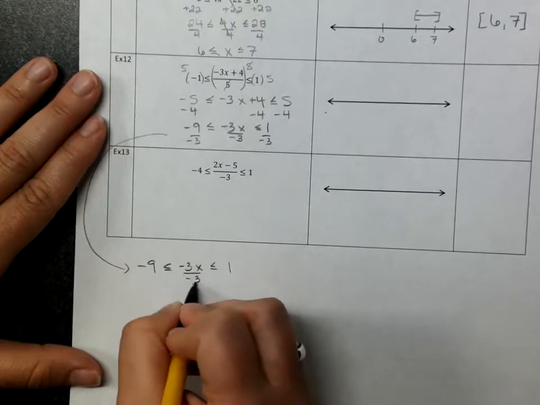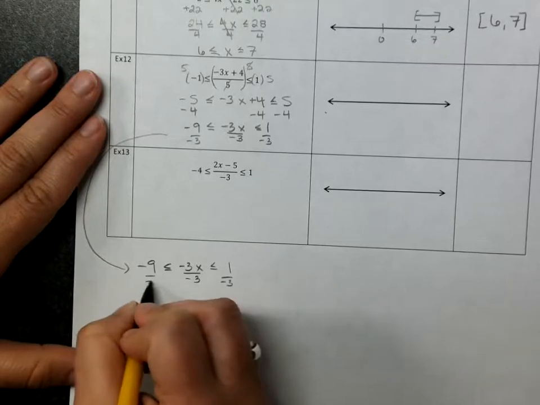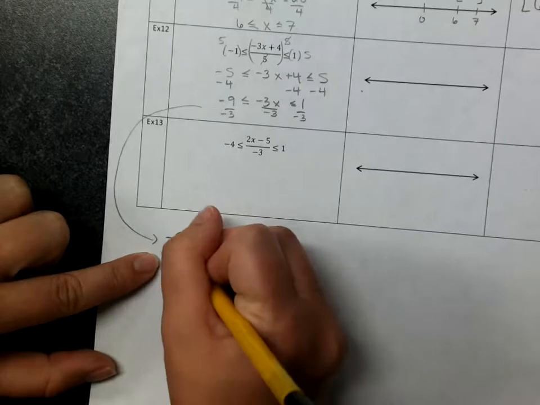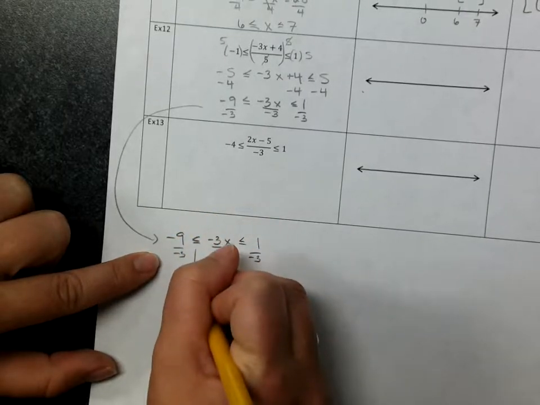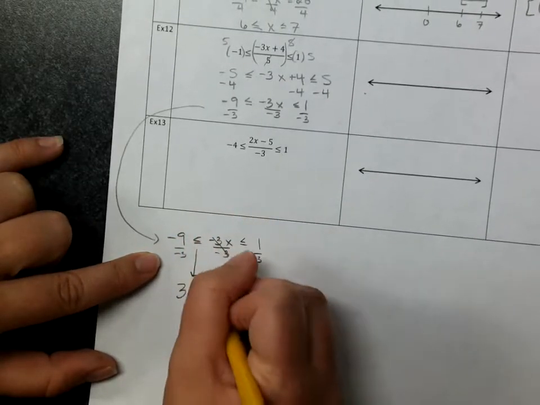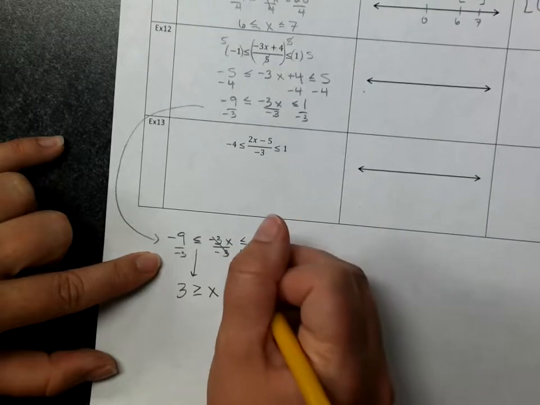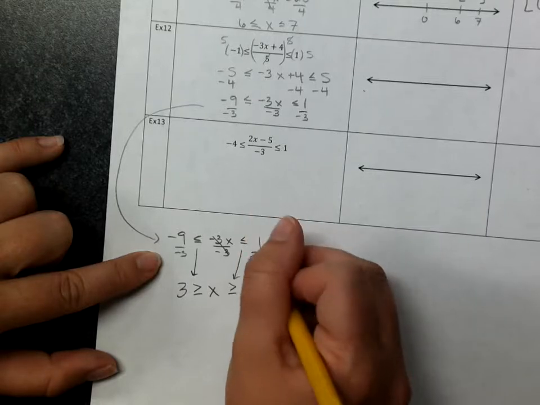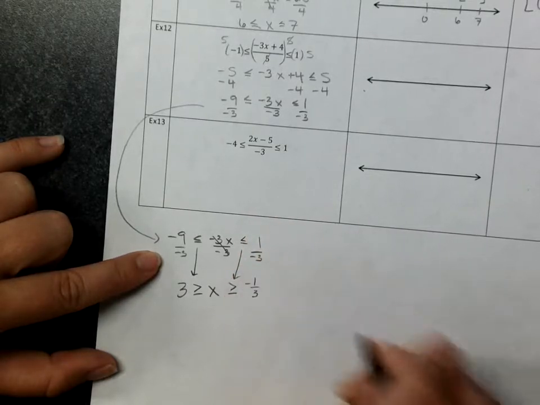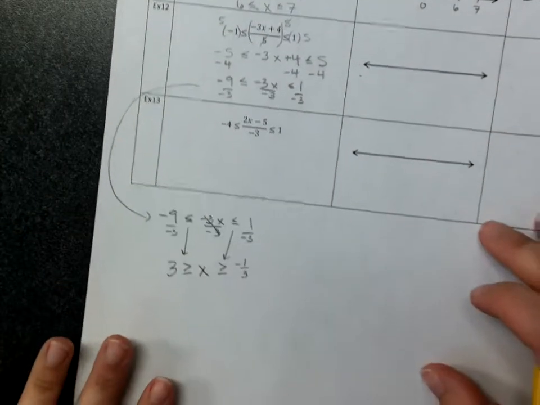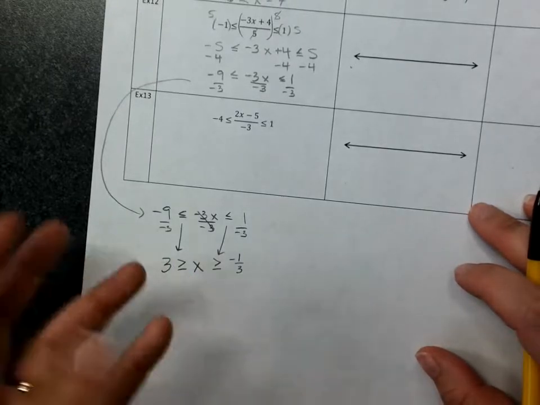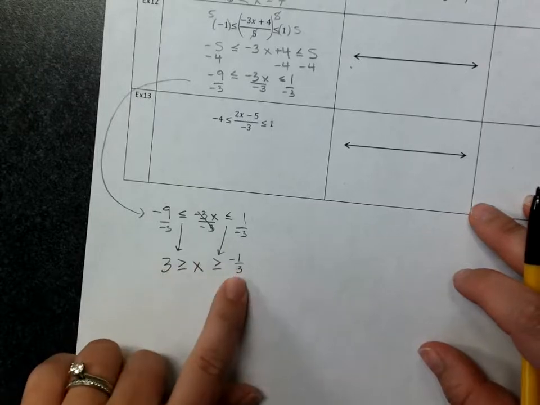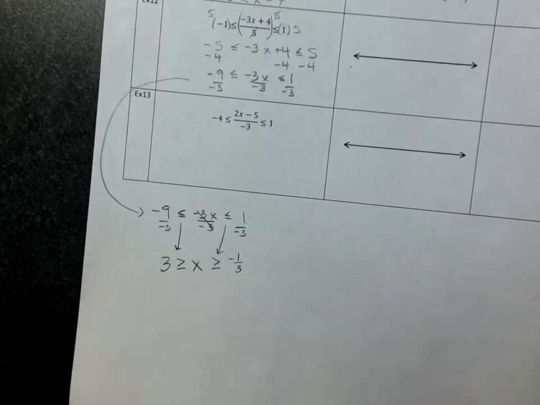When I divide by negative 3, negative 9 divided by negative 3 is positive 3. This symbol is going to turn and face the other direction. X is still in the middle, it's still between. This symbol is going to turn and face the other direction. And positive 1 divided by negative 3 is negative 1/3. In doing this, we've turned the whole thing around, the positive numbers on the left and the negative numbers on the right, which in our minds is backwards.